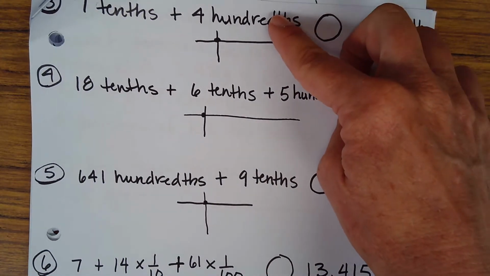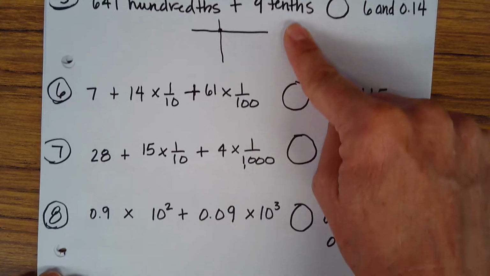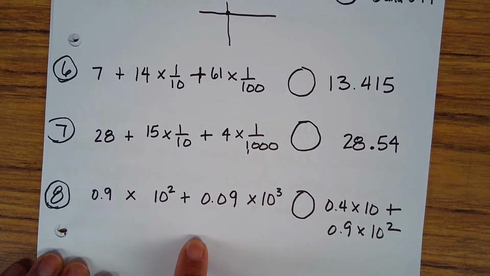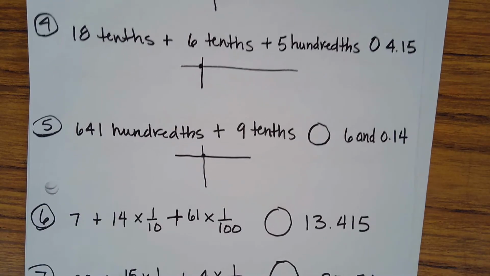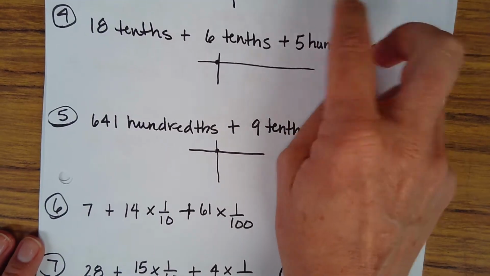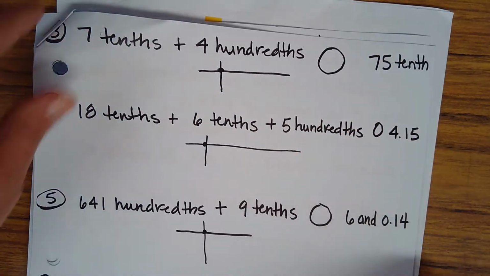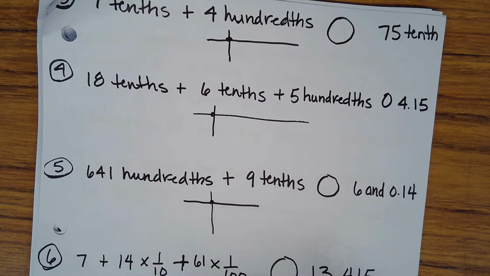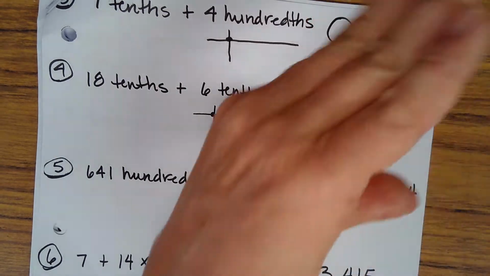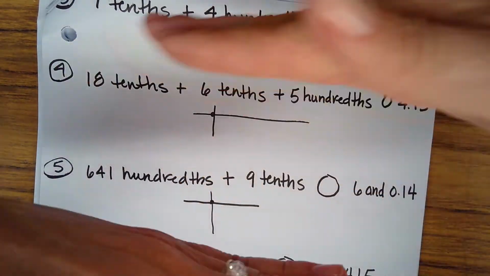So we have, this is using word form. This is using expanded form. So you're going to compare and contrast using your compare and your contrast symbols to tell me which number is greater. Greater than, less than, equal to.